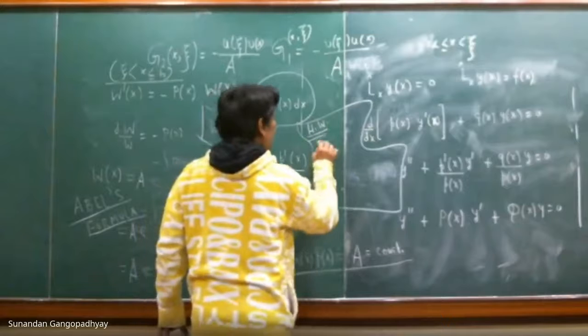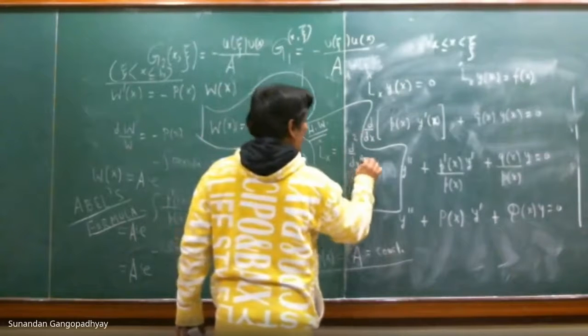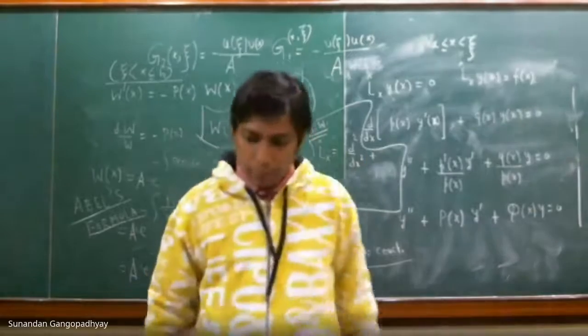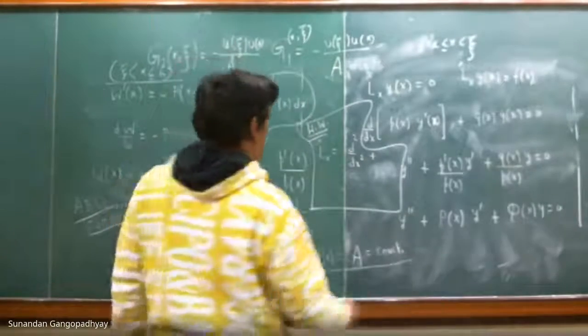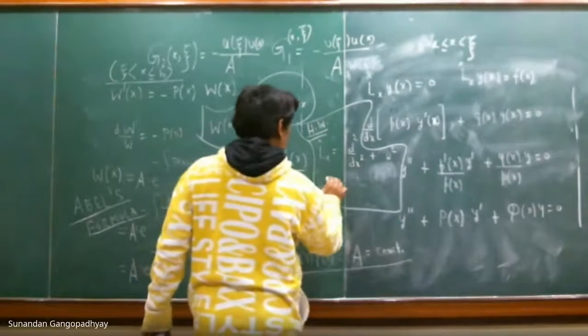You take L hat x to be d2 by dx2 plus omega square, and you solve this equation.